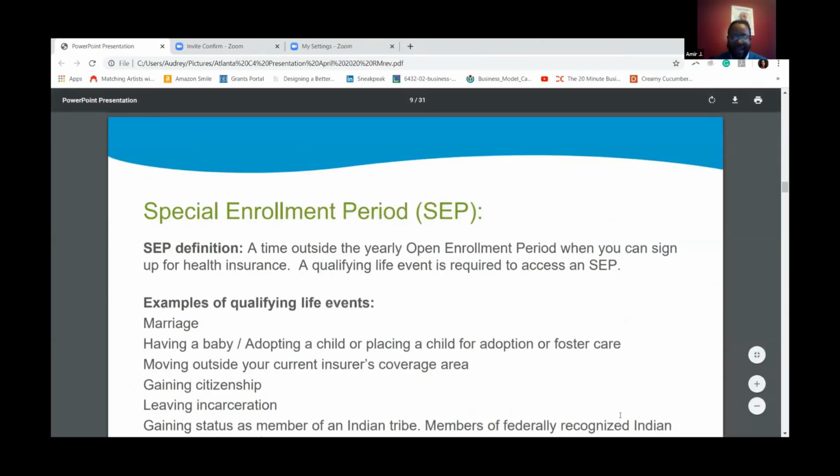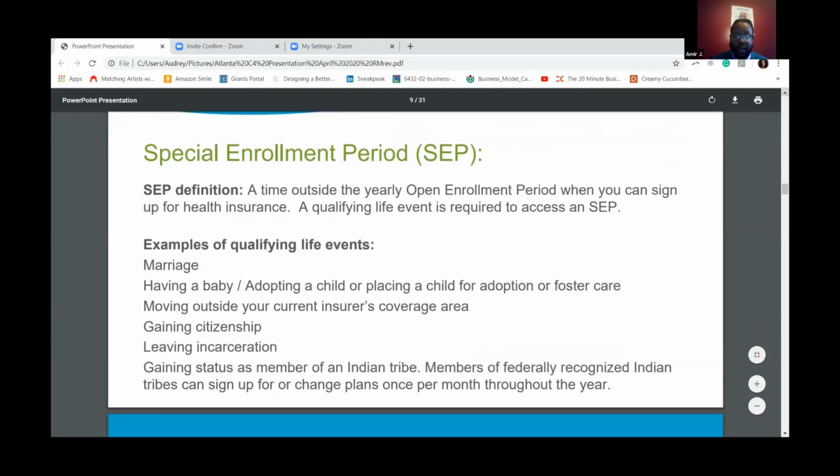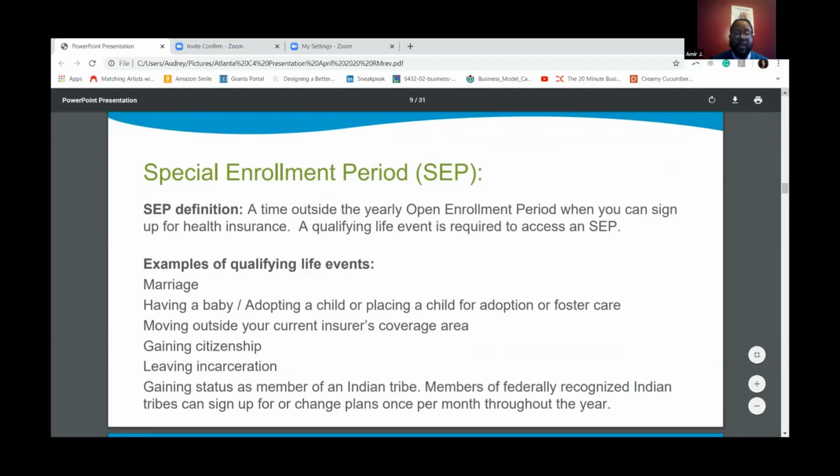Yes, so here's a little bit more detail about what an actual special enrollment period is. Know that what has to happen to be deemed eligible is a qualifying life event. These are examples of qualifying life events. They are not all of them. And I would imagine for this audience, what's critical to note is changes of income or losses of jobs are qualifying life events in the event that you've already purchased a marketplace plan.